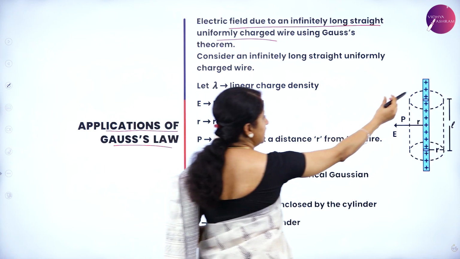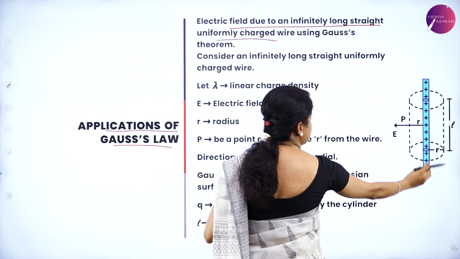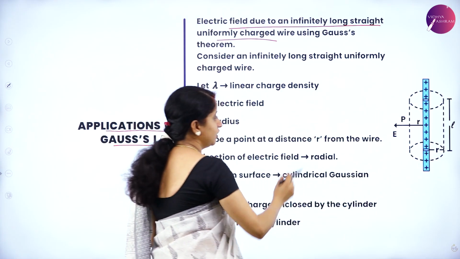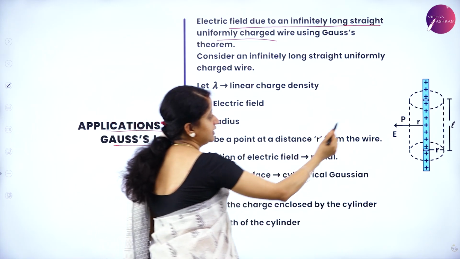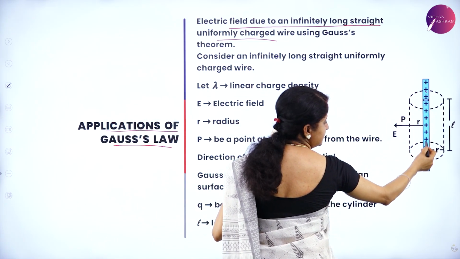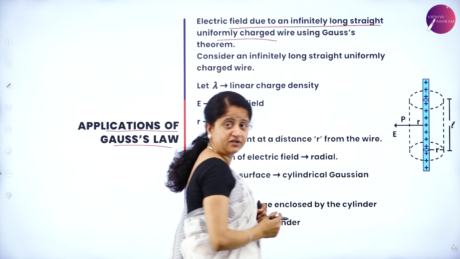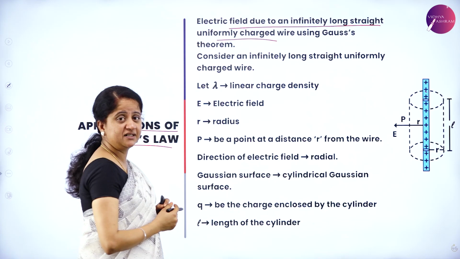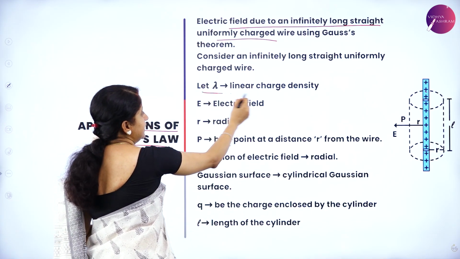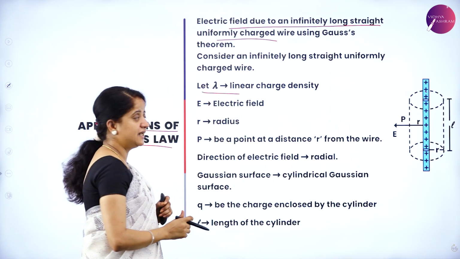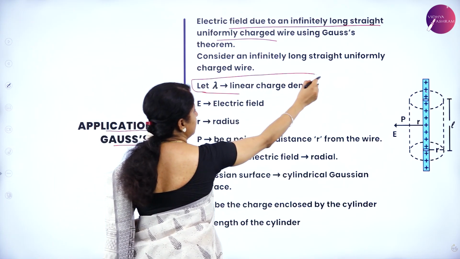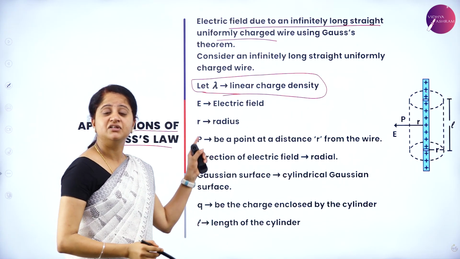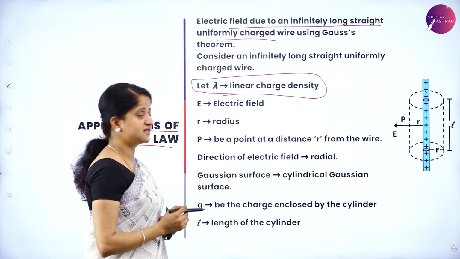You can observe here a uniformly charged straight conductor or wire on which we can observe the continuous charge distribution. So we have considered an infinitely long, straight, uniformly charged wire where the charges are aligned linearly, and lambda is equal to the linear charge density, which we have already studied in continuous charge distribution.